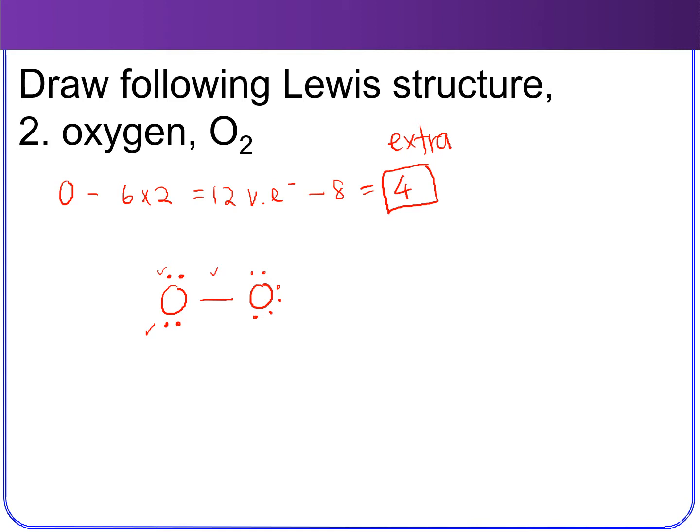Yes, very good. Like just now, we move one pair of electrons and form a double bond. At this moment, both oxygens consist of 8 electrons: 2, 4, 6, 8. So this is the Lewis structure for oxygen.